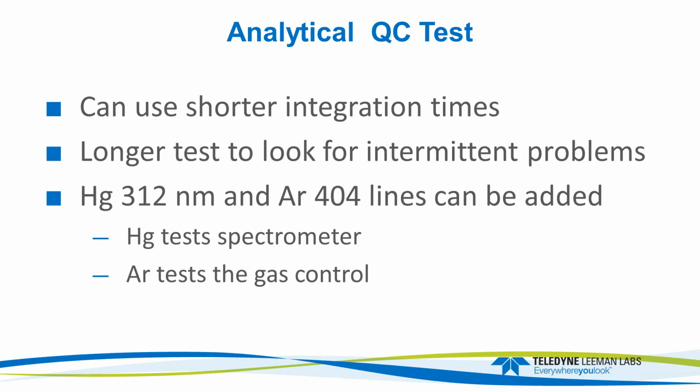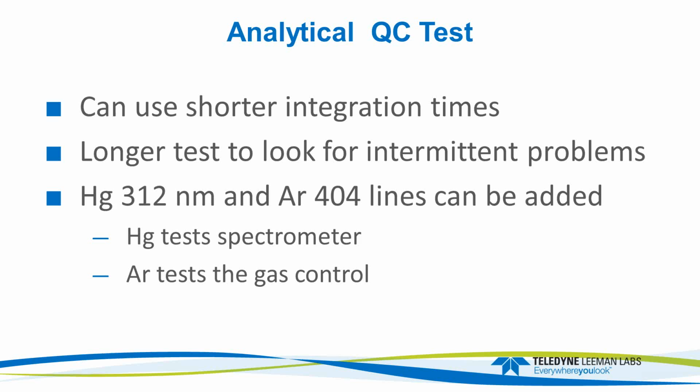Okay. So I said you can use shorter integration times. You can use a longer test for intermittent problems. You can also add to this QC test a mercury line and another argon line, and that sort of adds the mercury test and the RF or the argon test to this particular test.